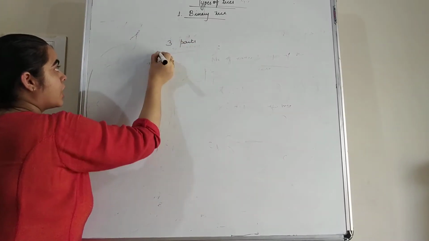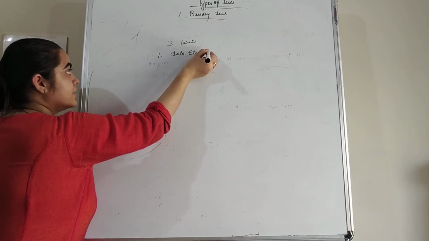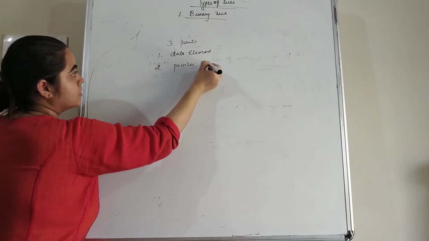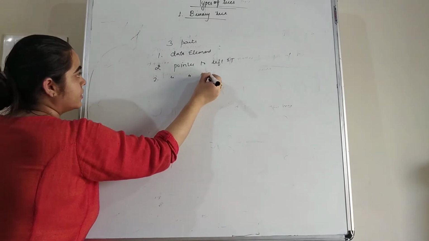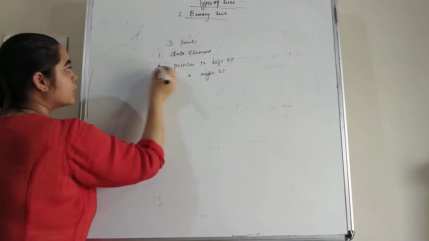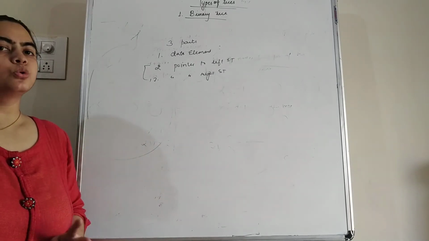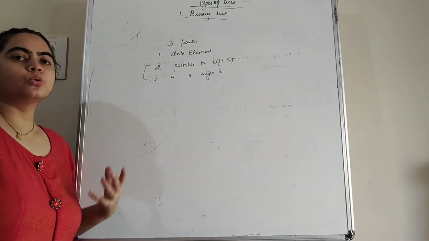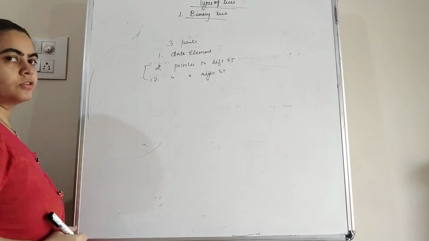The first part contains the data element itself, the second is the pointer to the left subtree, and the third is the pointer to the right subtree. Why are there only 2 pointers? Because there are at most 2 nodes, one on the left side and one on the right side. No more than 2 nodes are allowed for any particular node in a binary tree.